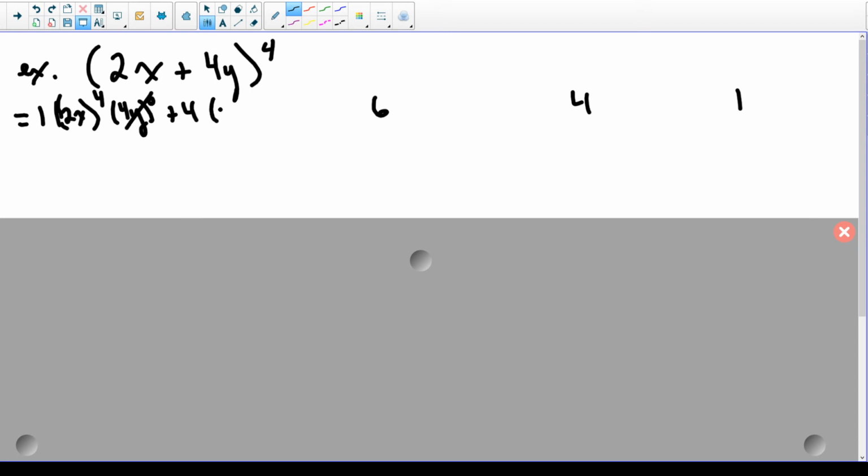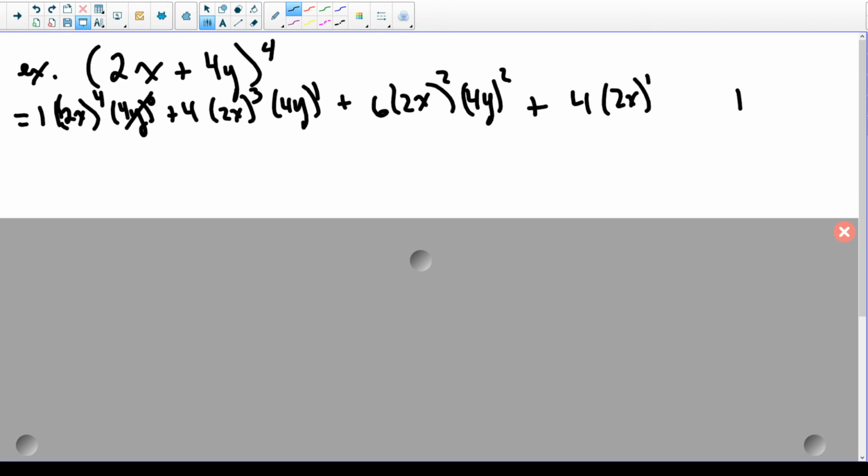And then you do (2x) to the power of 3, (4y) to the 1, and then (2x) to the power of 2, (4y) to the 2, (2x) to the power of 1, (4y) to the 3, and the last one would be (2x) to the 0, which again you don't have to write anymore because anything to the 0 is 1, and (4y) to the 4. And then you would simplify.